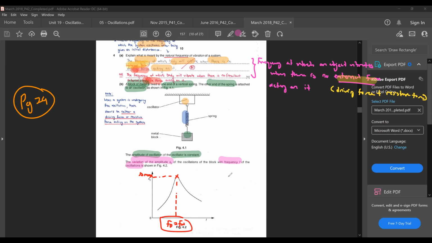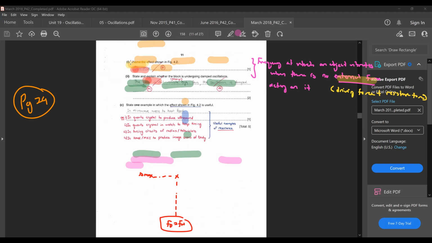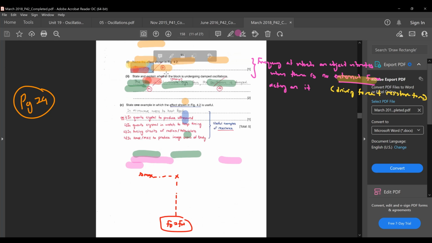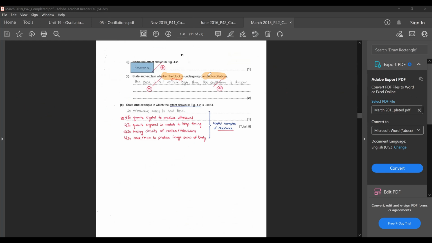This is a phenomenon called resonance. What's the effect shown in figure 4.2? It is actually resonance. And state and explain whether the block is undergoing any kind of damped oscillations. Is there any damped oscillation here?